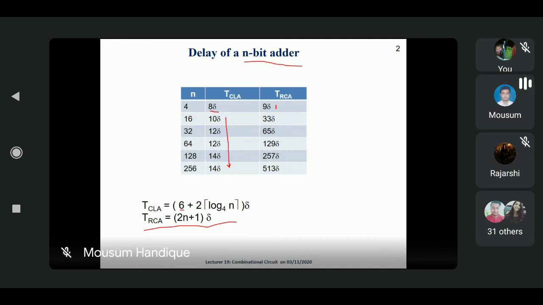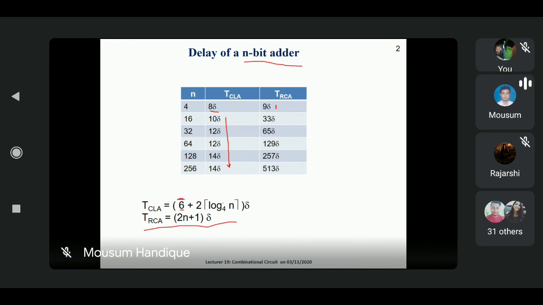When we use the 4-bit carry adder, C1, C2, C3 are fixed, and for 16-bit or 32-bit adders also C1, C2, C3 are fixed. The carry is generated in 2 plus 2 plus 2, so this is 6.